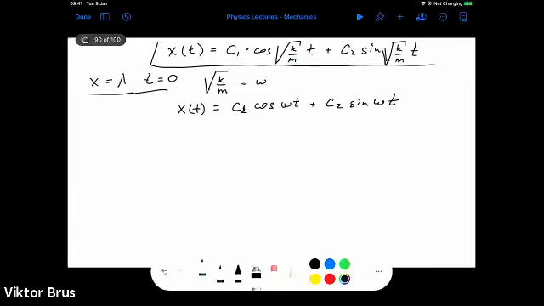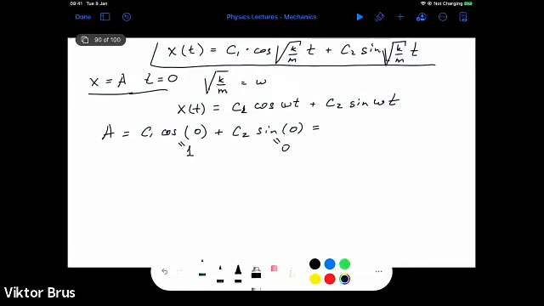At t equals 0, our displacement should be equal to A. So based on this boundary condition, we get A is equal to C1 cosine, here we will have 0 because t is 0, plus C2 sine 0. Sine 0 is equal to 0 and cosine 0 is equal to 1.